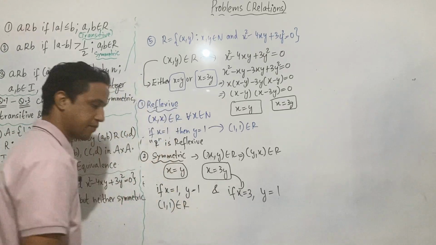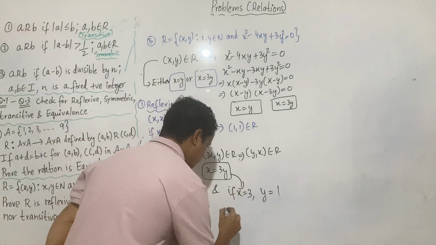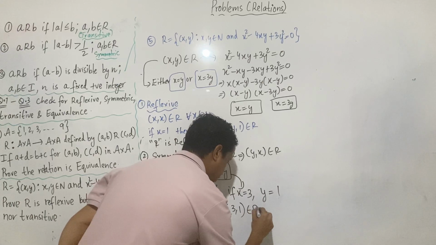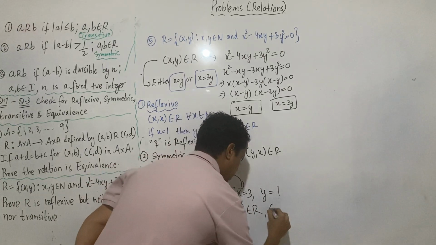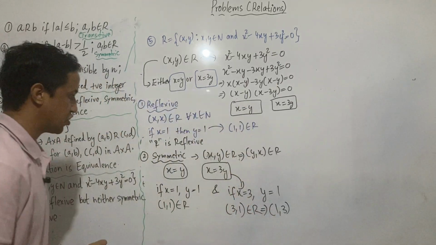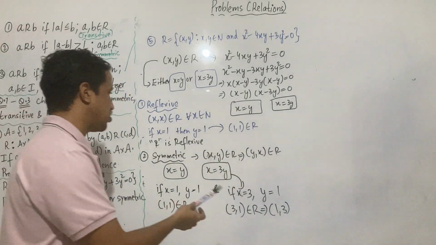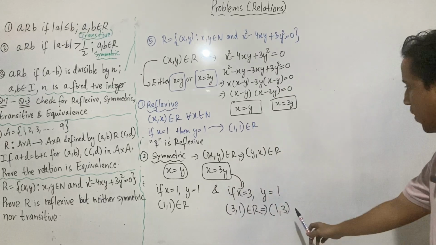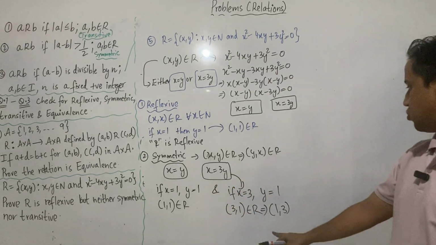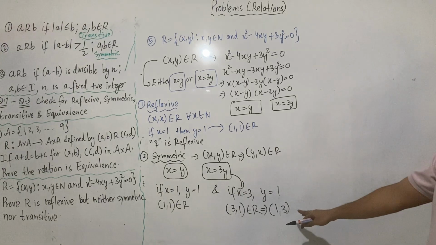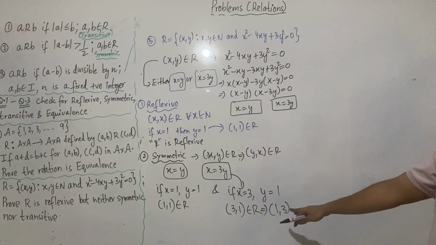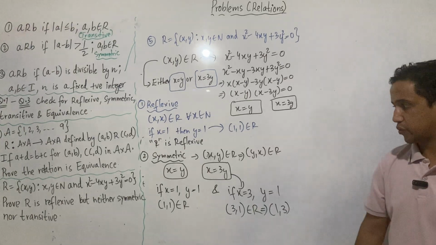But if (3, 1) is going to be in the relation, then what about (1, 3)? Is (1, 3) going to be in the relation? You can check here, (1, 3) is not going to satisfy it. Why? Because if you put x as 1, then y is not going to be 3.